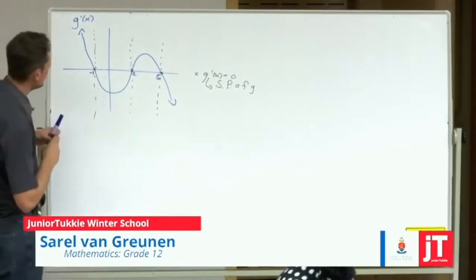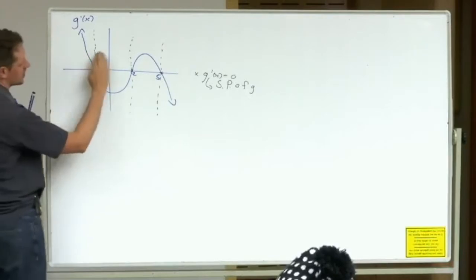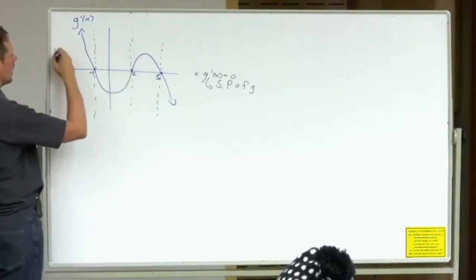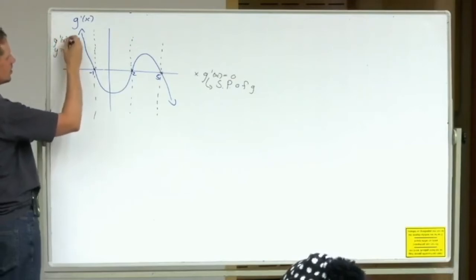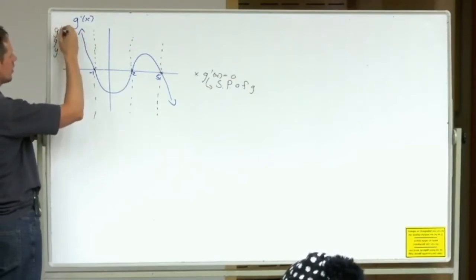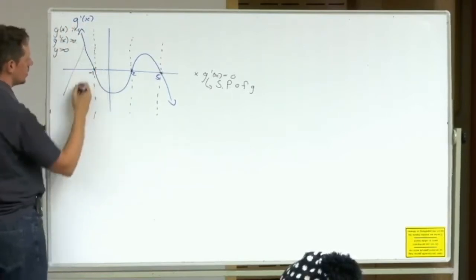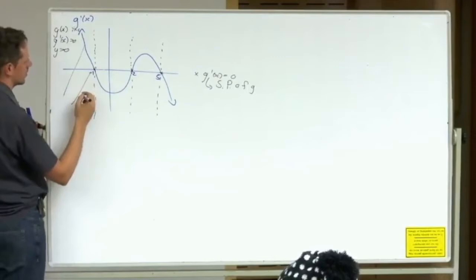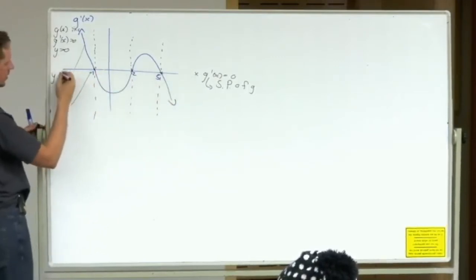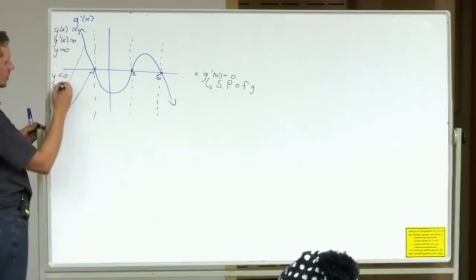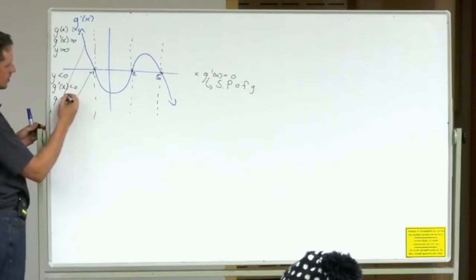So now I look at increasing and decreasing. All of the parts above, my y values are positive, which means g'(x) is positive, which means g(x) is increasing. So here, g increases. And all of these parts below, my y is negative, but y represents g'(x), which means g is decreasing.